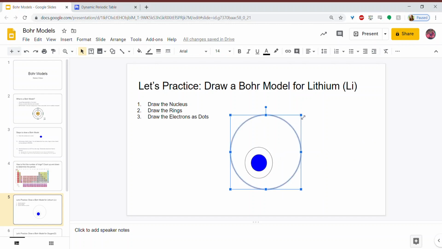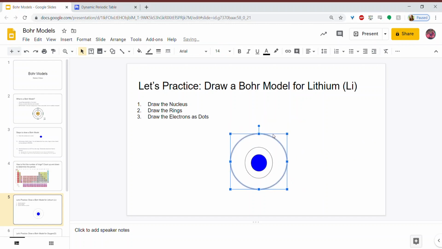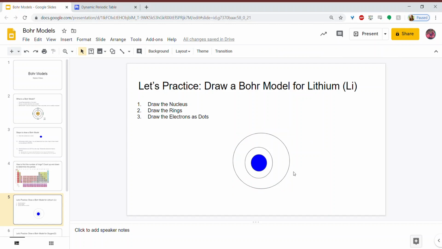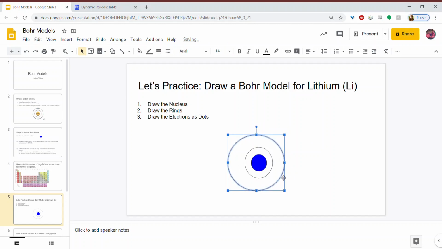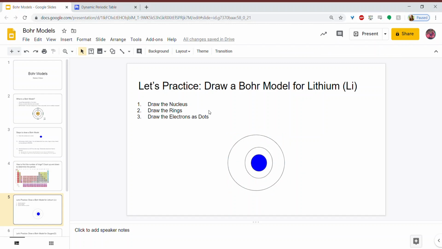Oh, now it doesn't want to let me pick the smaller ones. Anyways, I've got a nucleus, and I've got 2 rings surrounding the nucleus. Now what do I do? What's my step? I draw the electrons as dots.